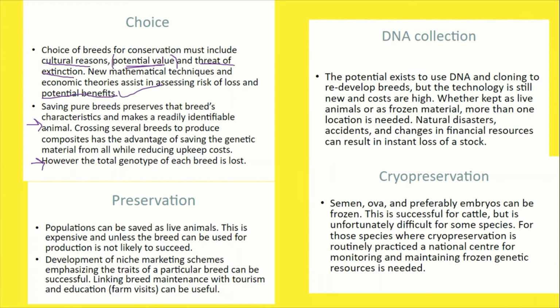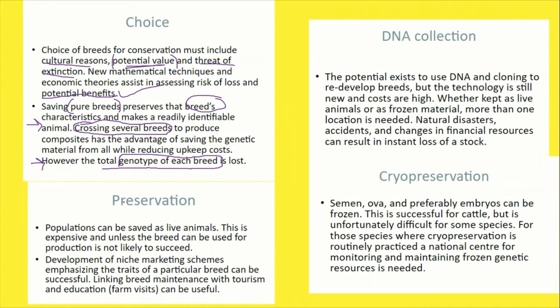So we are able to choose pure breeds, which will preserve all of a certain breed's characteristics, but we can also choose breeds that are not pure, or that have been crossed, so that we have a composite advantage, a combination of many different genetic characteristics. Although in this case we are going to lose the genotype of each breed because we have done a combination. Some of the total genotype of each of what you crossed is likely to be lost.